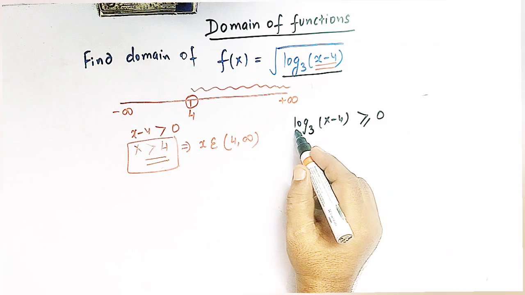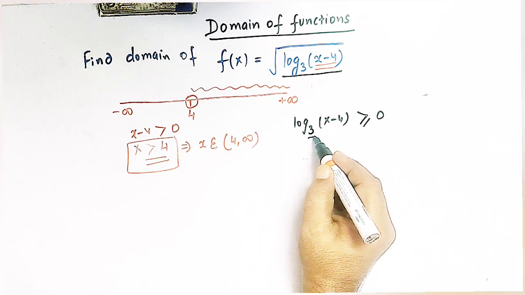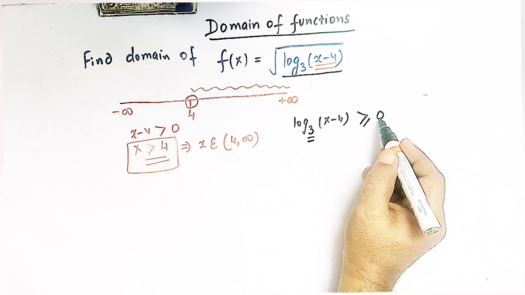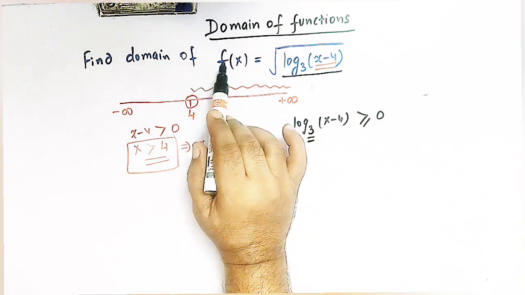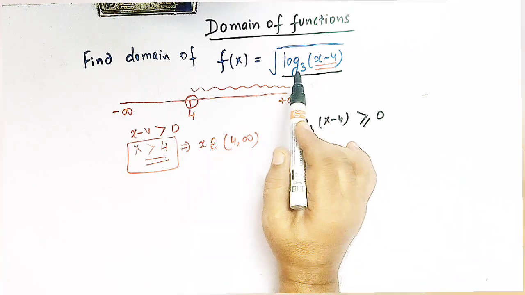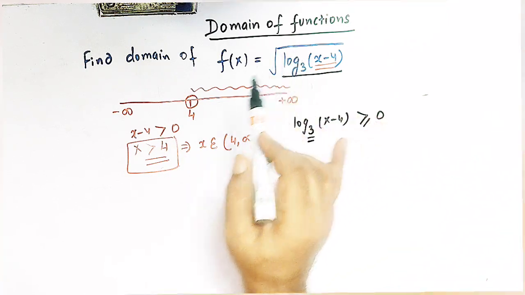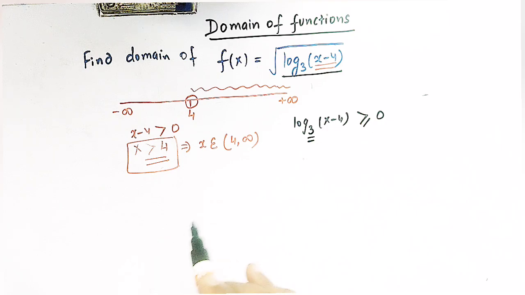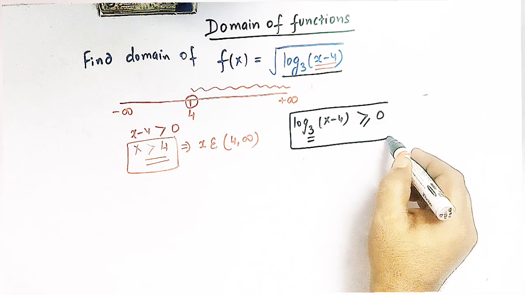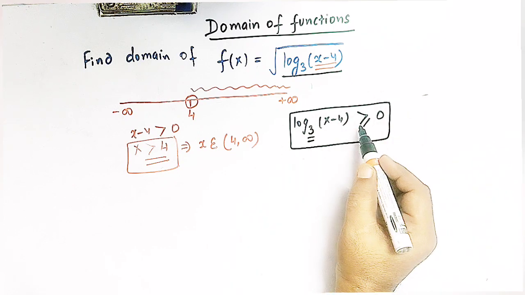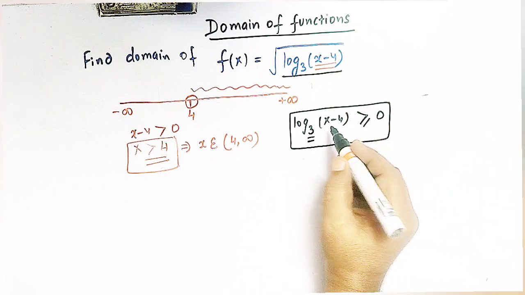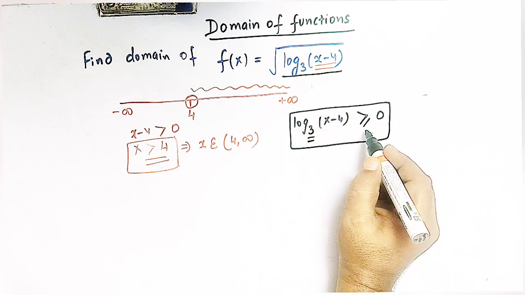So this term must be a positive quantity, or equal to 0, in order to make this function f of x a valid function, right? Because the square root of negative numbers is not defined in the set of real numbers. Okay, so now we have to solve this inequality, right? We have to find all the values of x which make this inequality valid.